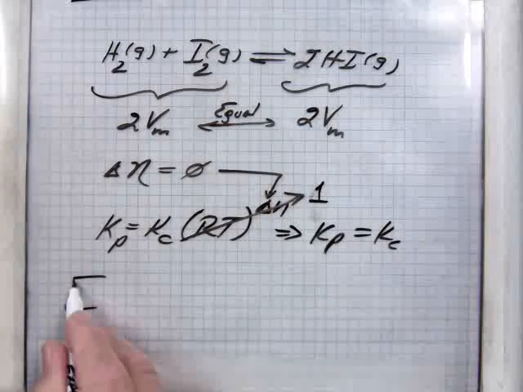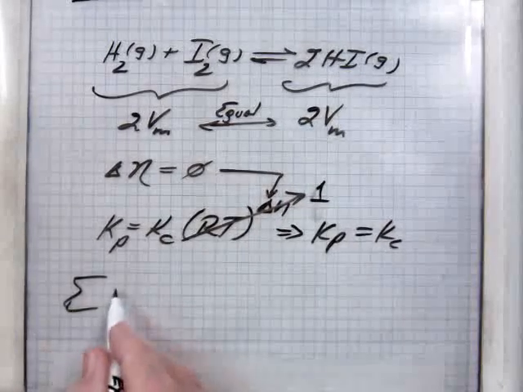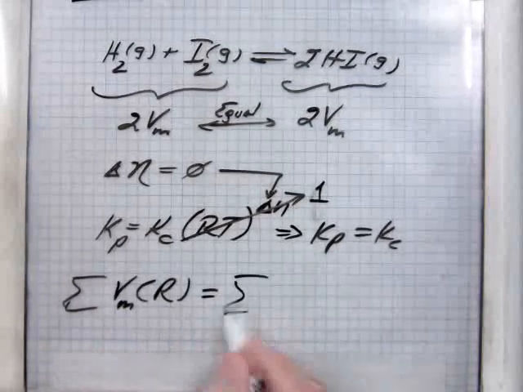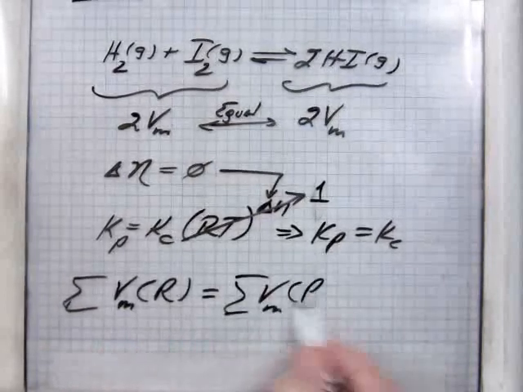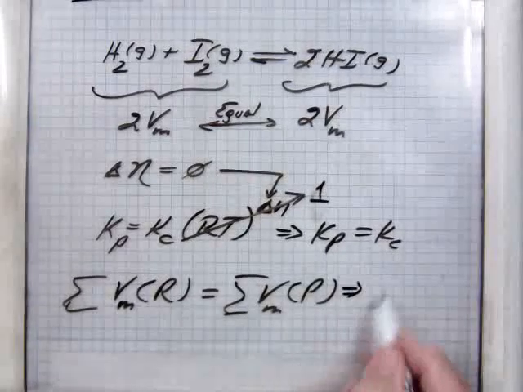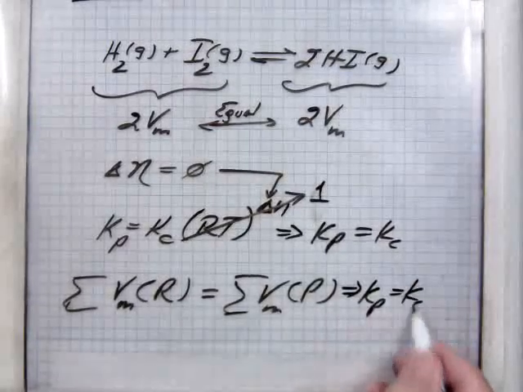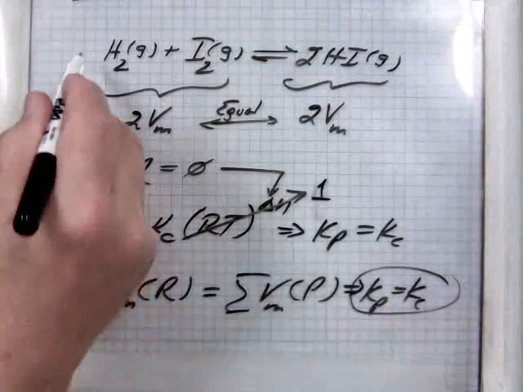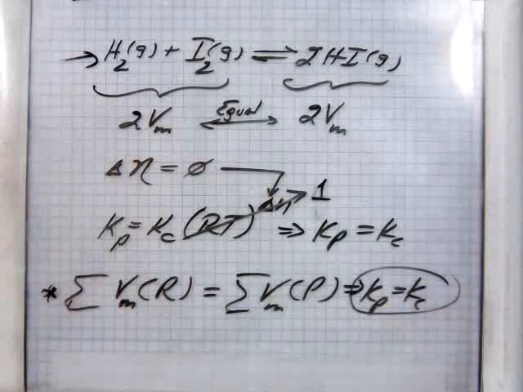So under the conditions of the sum of the molar volumes of the reactants equal to the sum of the molar volumes of the products, then Kp equals Kc. And that's the unique condition. And here's your example there.